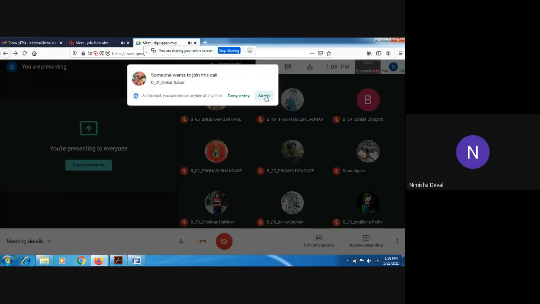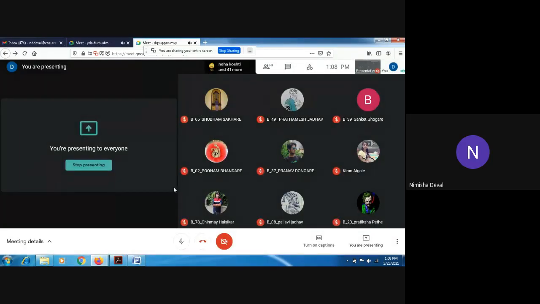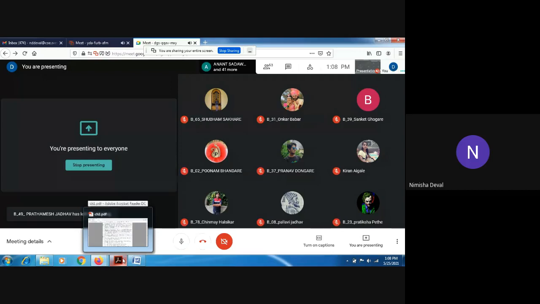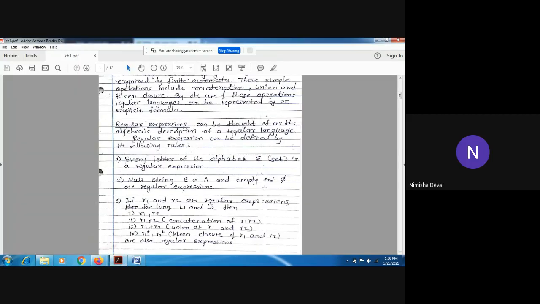We can use any one symbol to represent the null string. Then another rule: the null string and the empty set are also regular expressions, meaning a set containing the null value, or a blank set, that is the empty set. So these two also act as regular expressions.